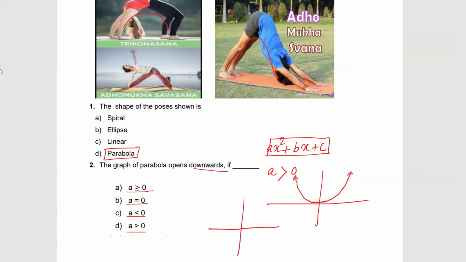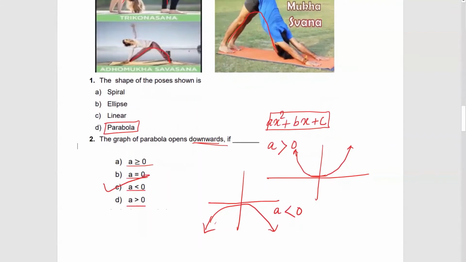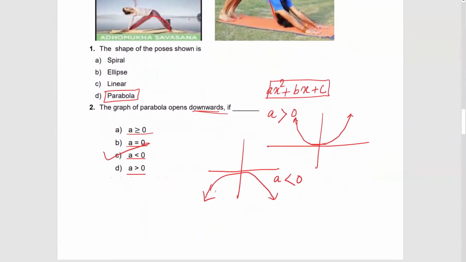If a is less than 0, it opens downward. So here the answer will be, it opens downward. Answer is a less than 0. C is the answer. You may also get a question where it opens upward. So you can remember this way.